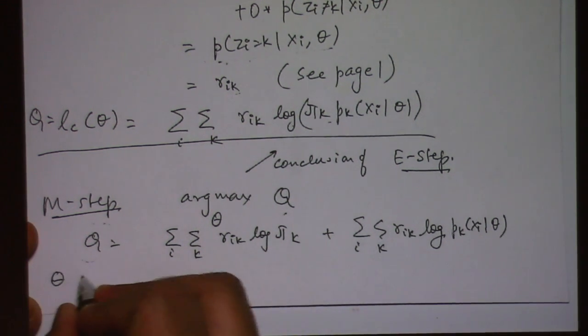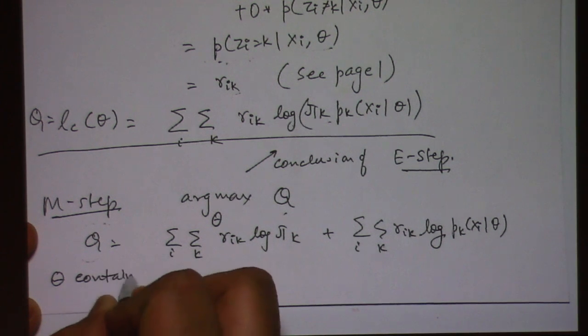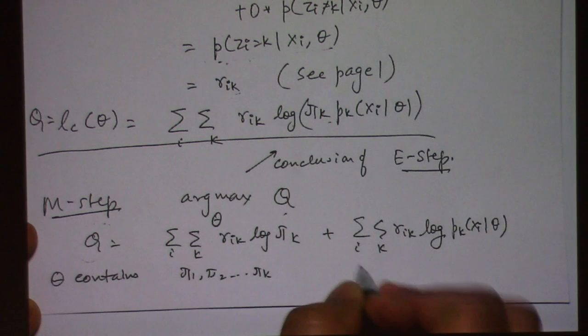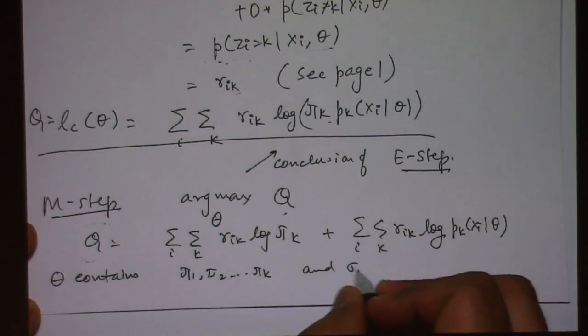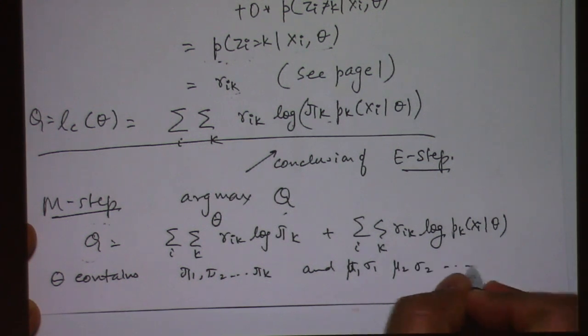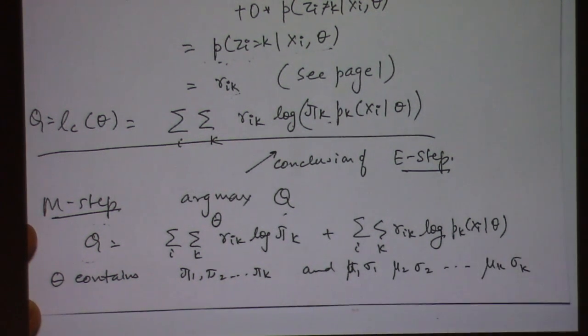I'm going to break it up: log pi_k on one side and r_ik log p_k(x_i | theta) on the other, because these have different parameters, so we can optimize over different parts separately. The other one can be thought of as constant. Theta of course contains pi_1, pi_2 all the way to pi_k in a general setting, and mu_1, sigma_1, mu_2, sigma_2 all the way to mu_k, sigma_k.